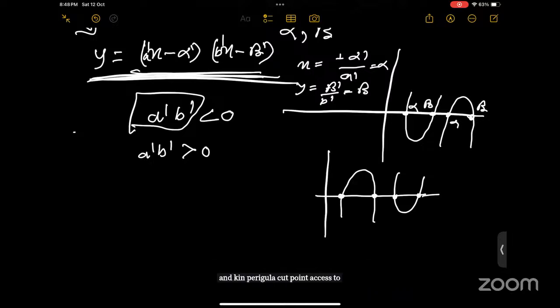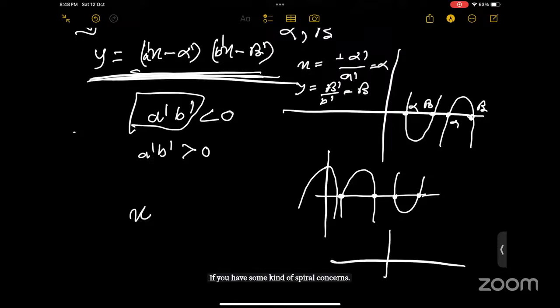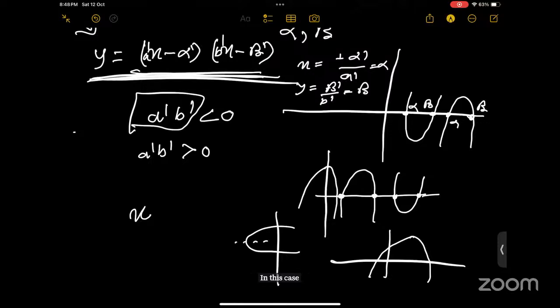Can a parabola cut the y-axis too? Can a parabola intersect with the y-axis too? Yeah, sure. If you have a parabola where both points are on the y-axis, in this case this is the axis of symmetry.